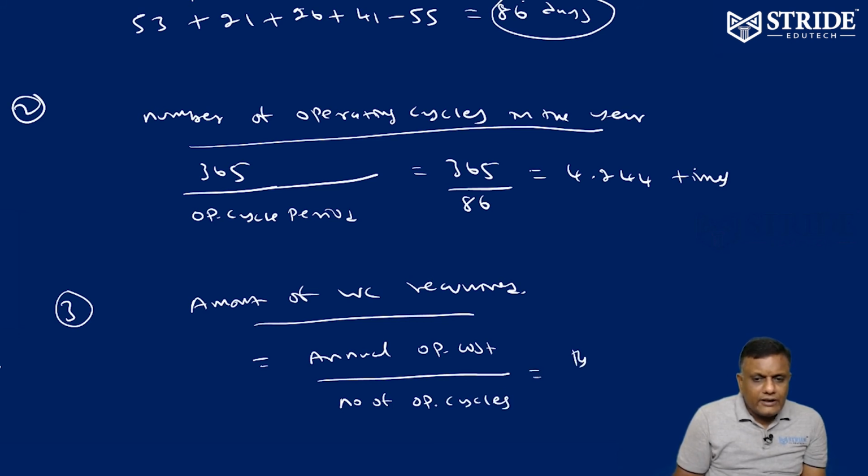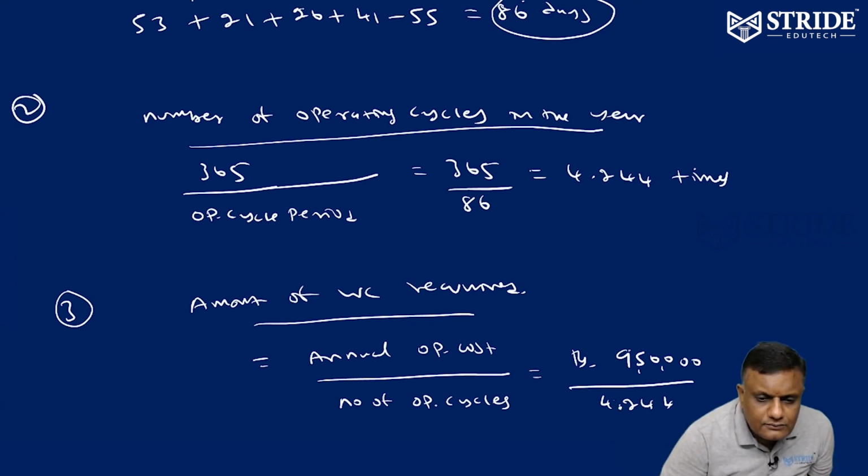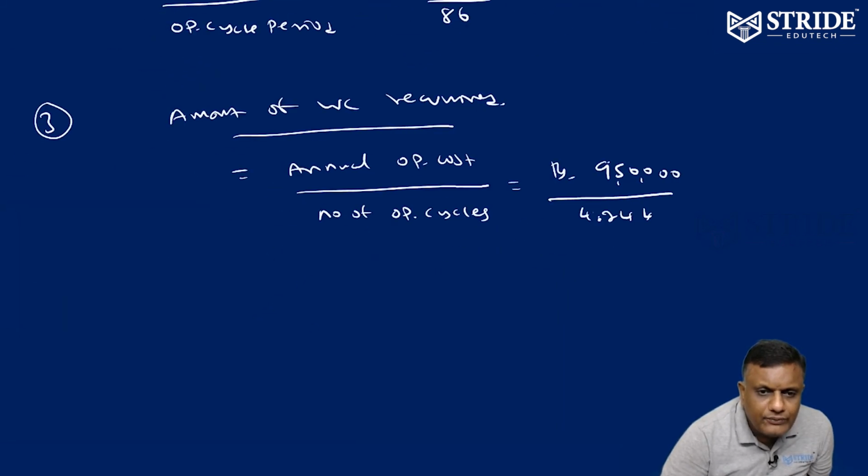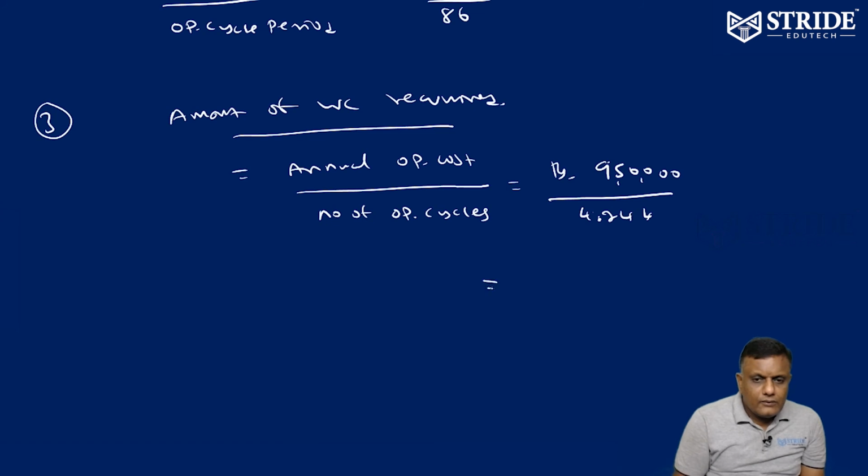Annual operating cost is rupees 9.5 lakhs, given in the question. 9.5 lakhs by 4.244 times. If you divide, you will be getting rupees 2,23,845.